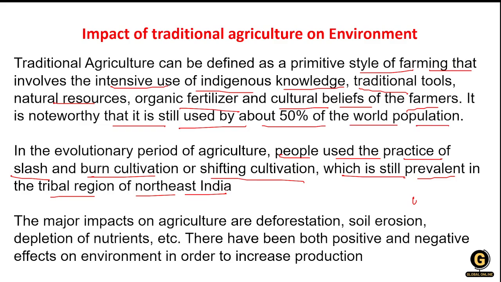So these kinds of practices will impact your agriculture and the quality of crops. Clear?